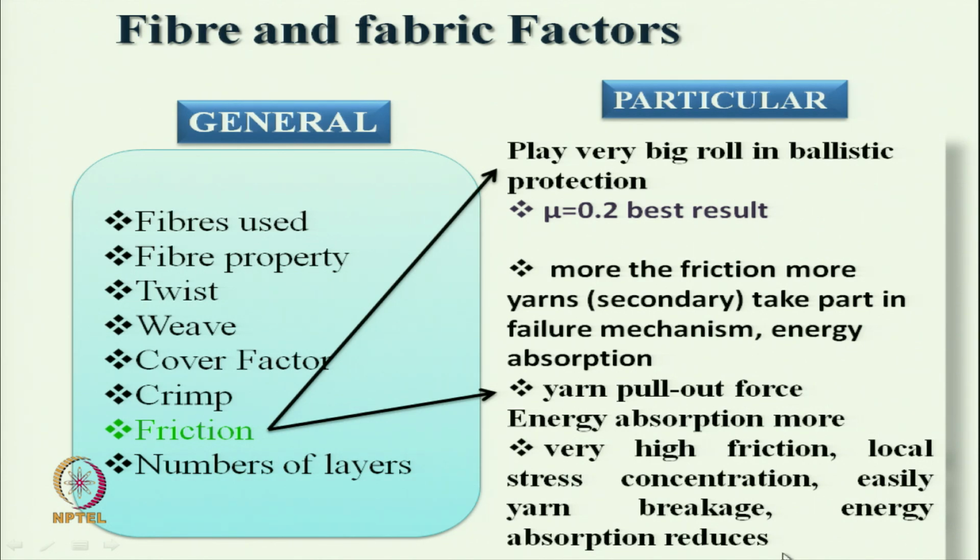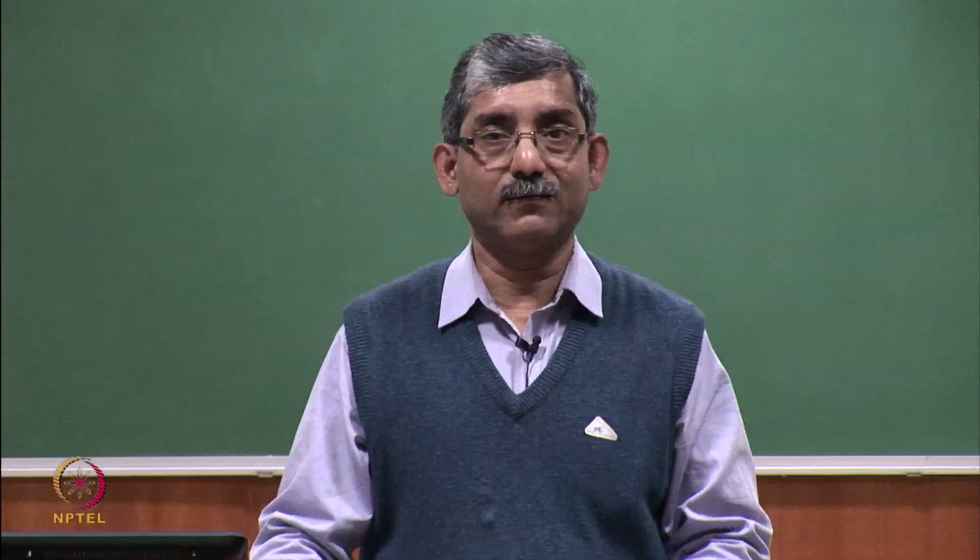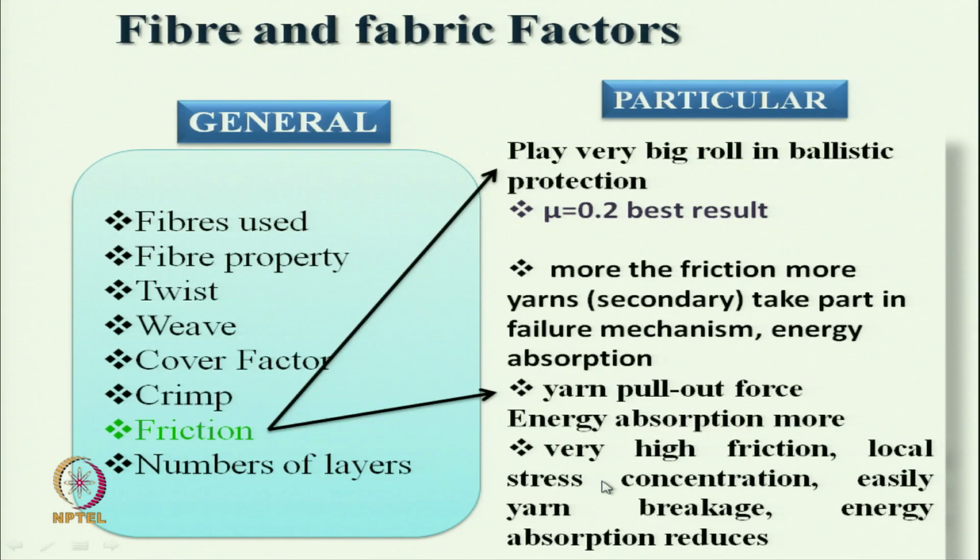So, it should be high enough, but it should not be very high. At very high friction, the localization of stress will be there and easily the yarn will break. Instead, the ideal situation is that with small sliding, the total stress should get dissipated among a large area.